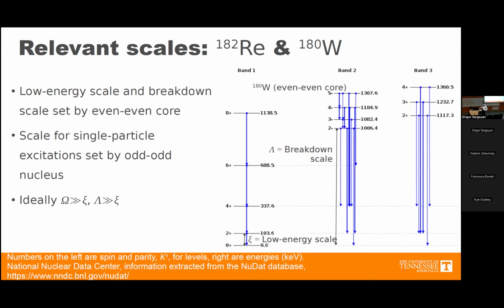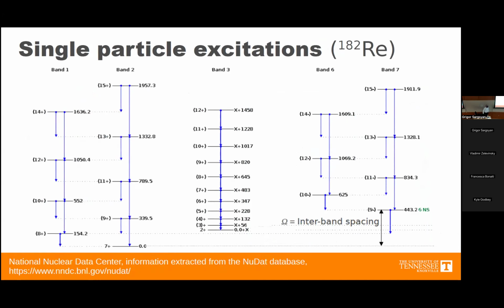In the ideal case, we would assume that the low energy scale for rotational states is much smaller than both the single particle excitation scale and the breakdown scale. We'll see that is very often not the case for these nuclei.